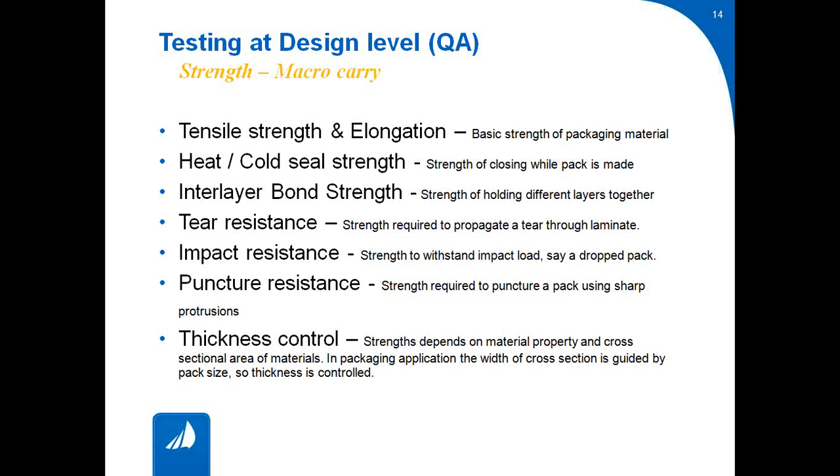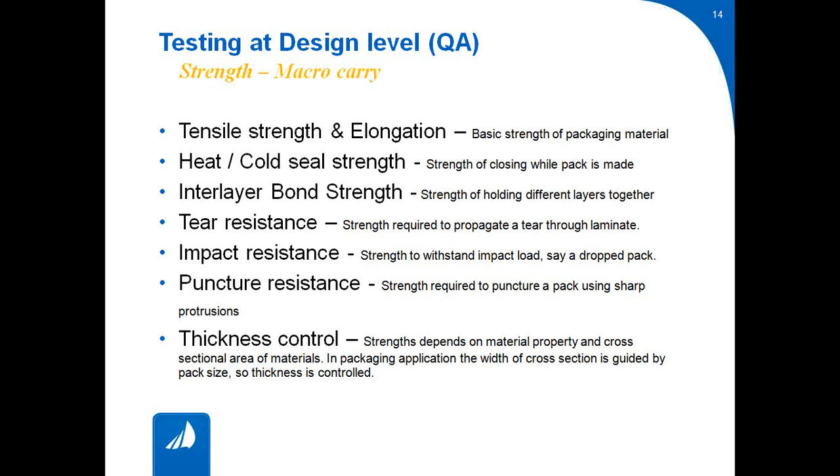And then in flexible packaging, thickness control is being done from a design level, within how much tolerance it can go, because from a flat film or a sheet, we create a container of a particular size, a particular volume. So the dimensions, length and width, are controlled. Now the strength of material will definitely depend on this length and width and the thickness of the material.